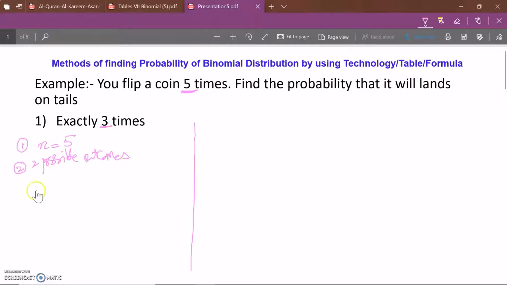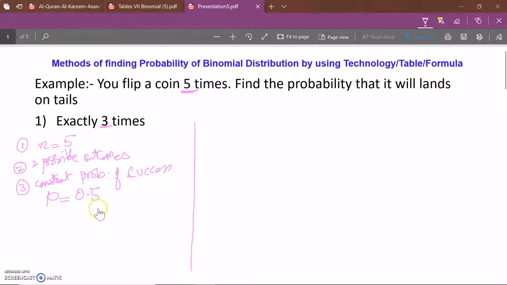Number 3, there is a constant probability of success. A constant probability is represented by a small letter p, and here it is 50%.